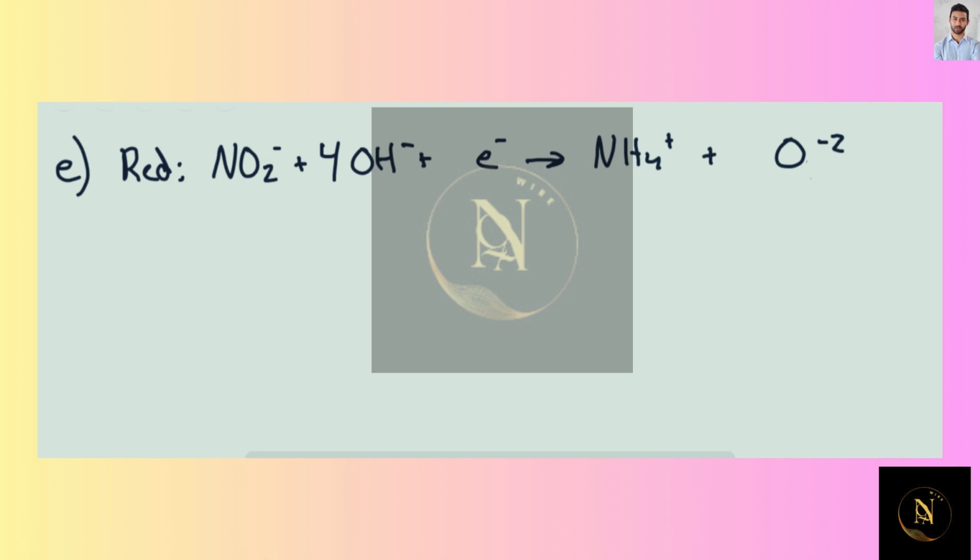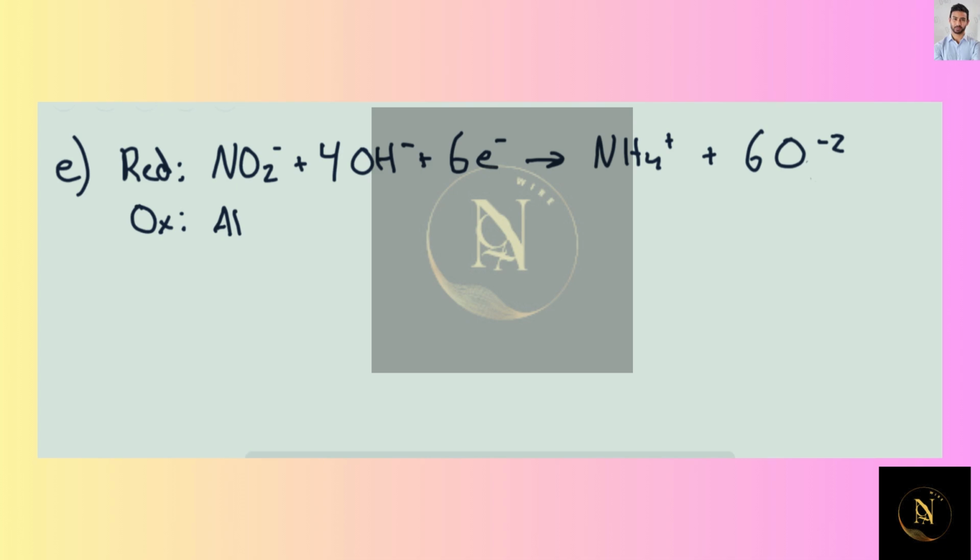So we should have 6 oxygens on the left, on the right. And to make the charges equal on both sides, we need to add 6 electrons. That makes 6, 10, 11 negative charges on the left, and on the right we have 11 negative charges as well.